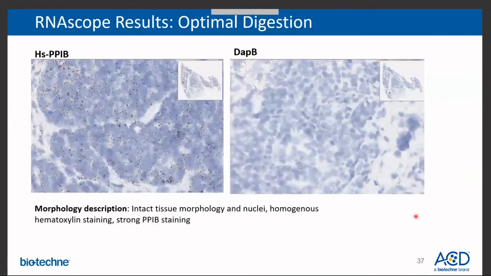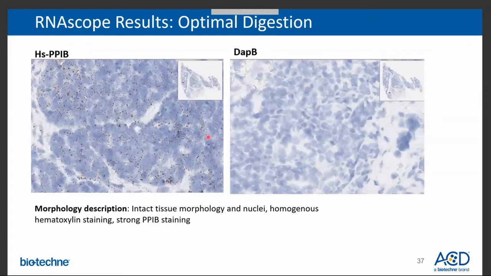On the note of pre-treat conditions and optimal digestion, I think this is easier to explain looking at just singleplex brown RNAscope chromogenic assay. Here shown in left is positive control probe PPIB, and on the right is negative control probe DAPB. The nuclei here are counterstained with hematoxylin, so they're purple.